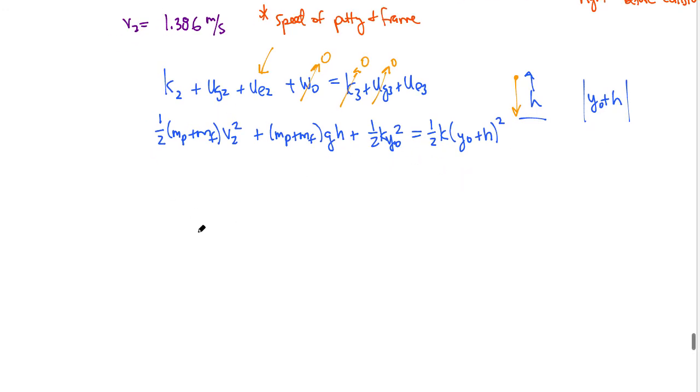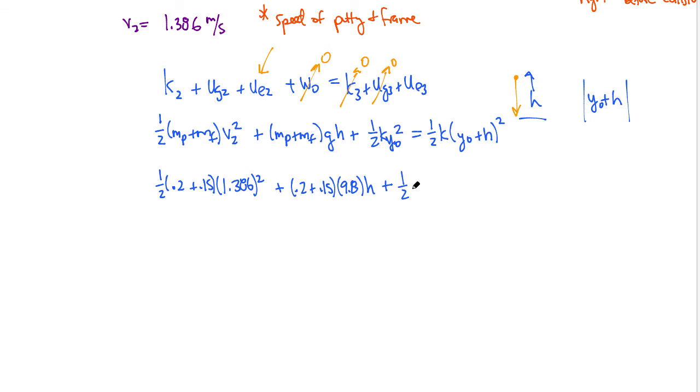So when I go through all of this, I'm going to start substituting values because I can't really get rid of anything. So I have 1/2 times 0.2 plus 0.15 times the 1.386 that I found for V2 squared, plus 0.2 plus 0.15 times, let's go ahead and use 9.8 again, times some H. I don't know what that H is yet.